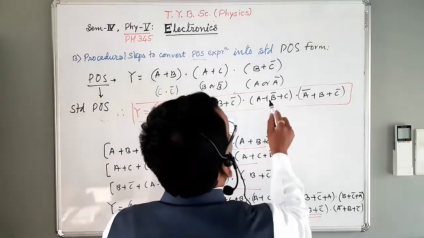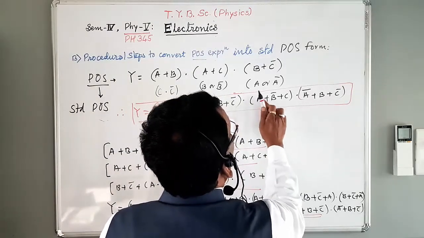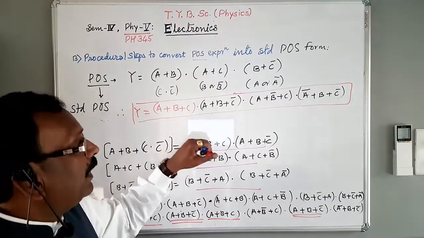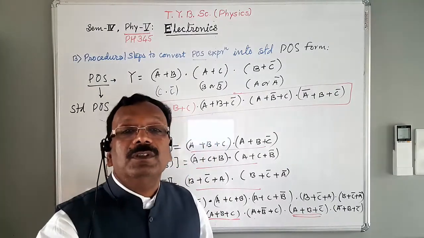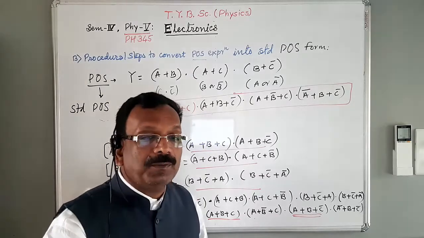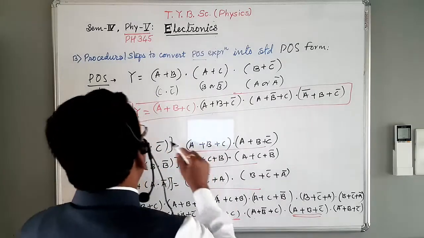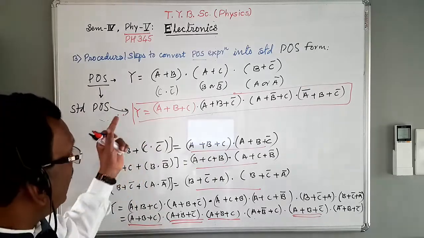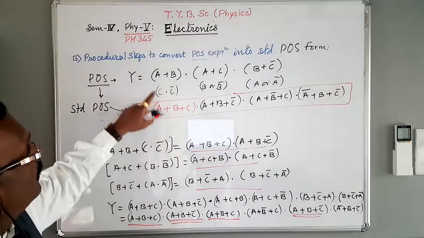Obviously, every sum term has all three literals A, B and C, either in complemented or uncomplemented form. So this equation is the standard POS form of this expression.